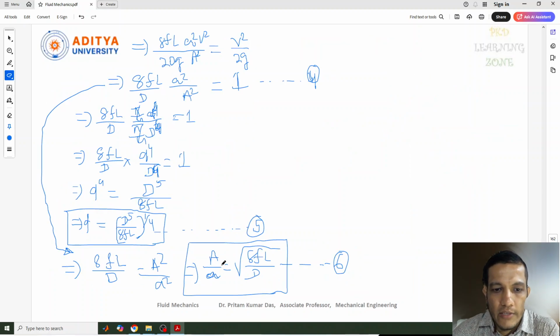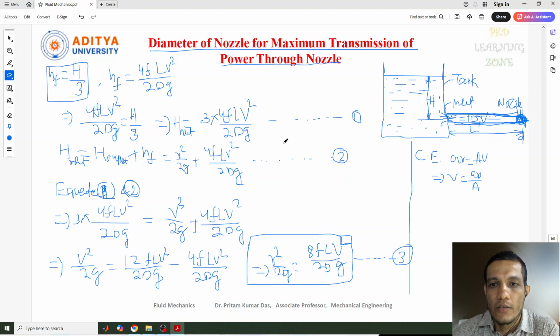So this equation gives the ratio of the area of the pipe to the area of the nozzle, and from this equation also we can identify the diameter of the nozzle. It can be calculated from here, or else we can calculate from here also. Both equations give the same concept and the same value. So I hope you understand how to identify the diameter of the nozzle for maximum power transmission through the nozzle.